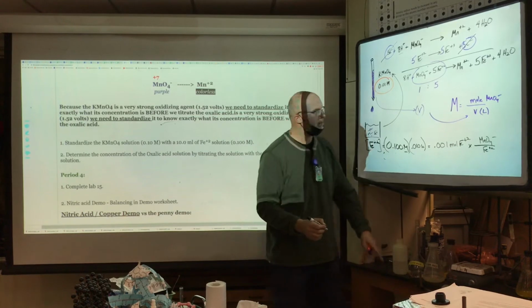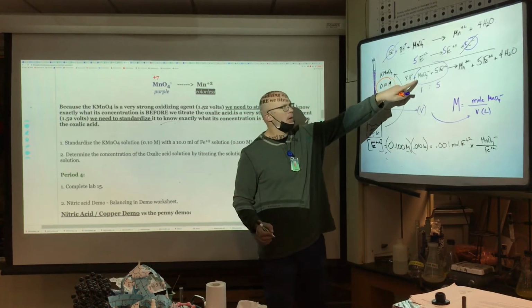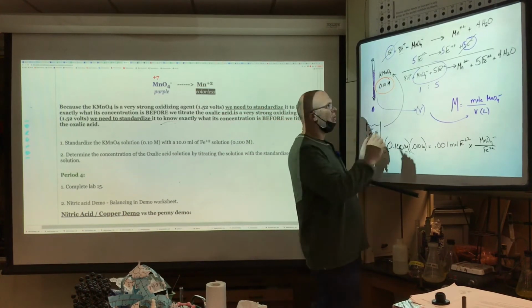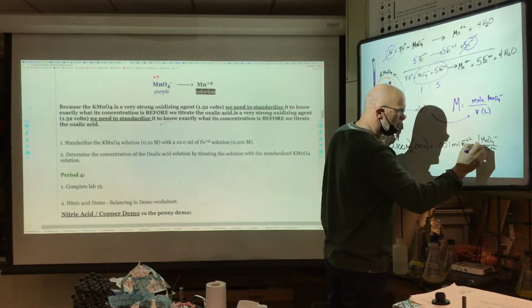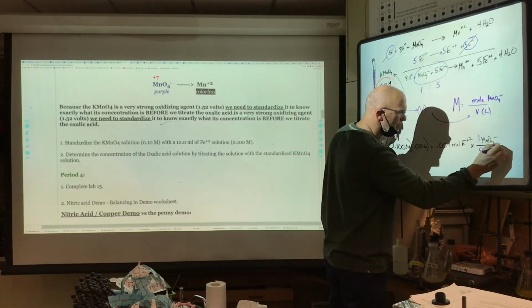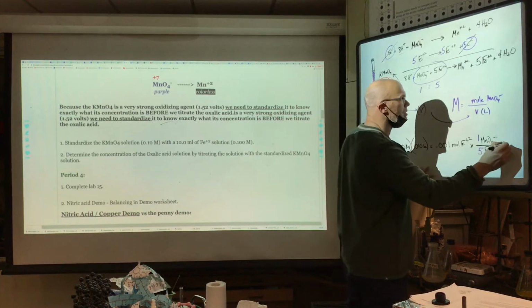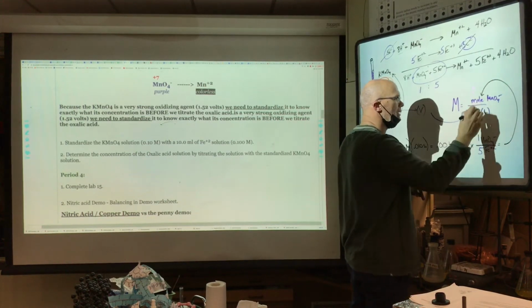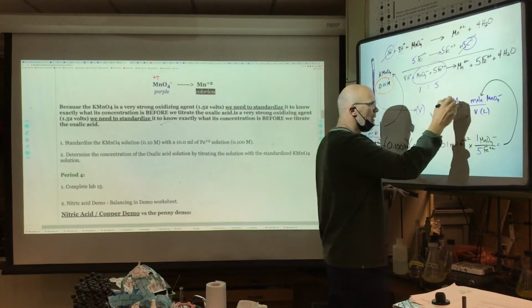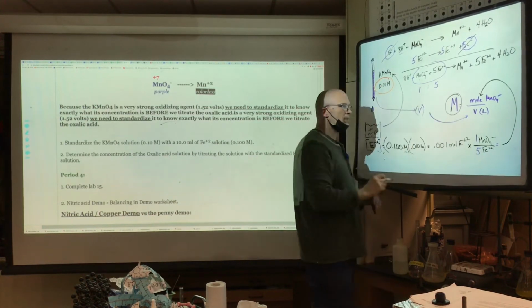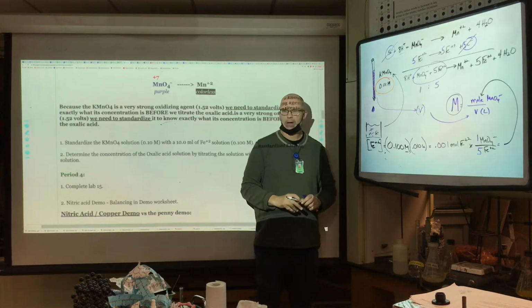For my balanced chemical reaction, I know that there is 1 of these per 5 of these. And what's that going to give me? That's going to give the moles of my permanganate. I have the volume in liters, and that's going to solve for the actual concentration.